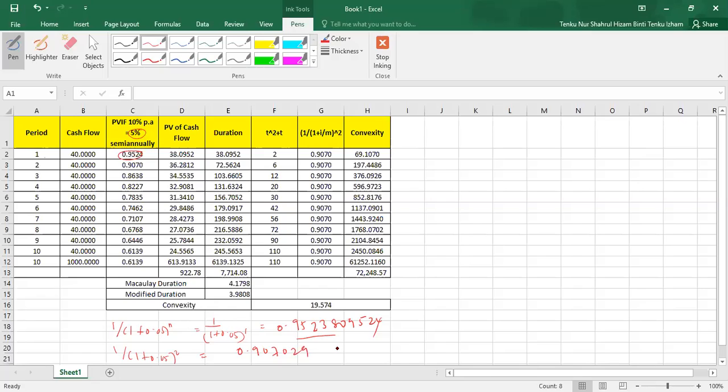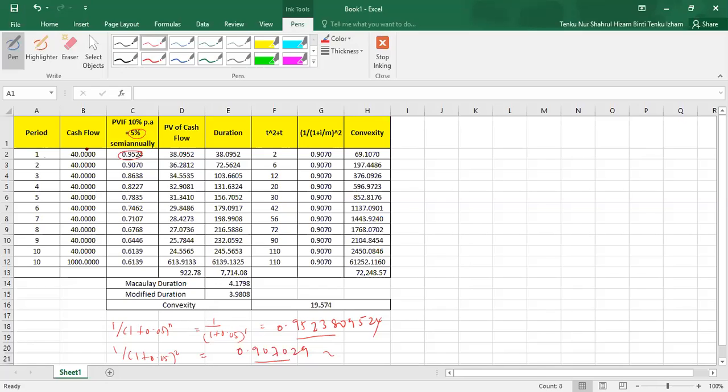You can use decimal points at least 4, so therefore 0.9070.